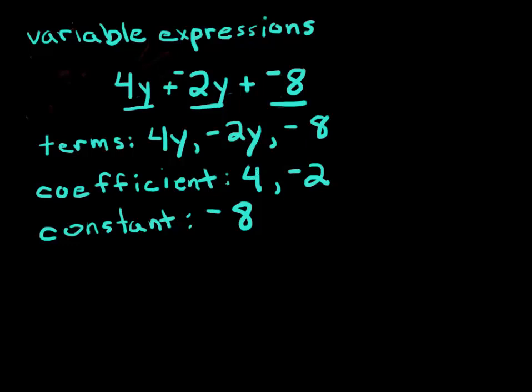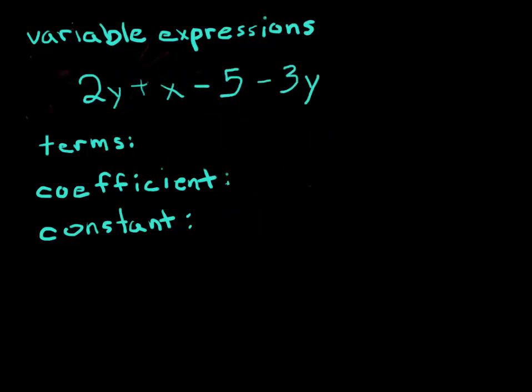Let's take a look at another example of a variable expression. Here I have the expression 2y + x - 5 - 3y. Before I dissect this expression into terms, coefficients, and constants, let's first change all of the subtraction to addition of the opposite.